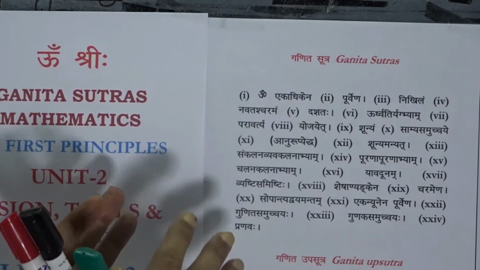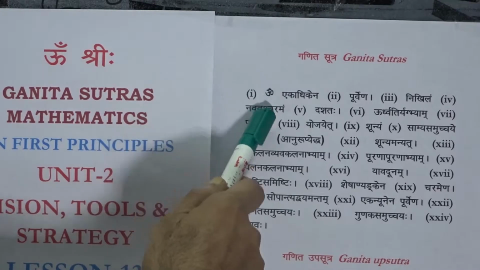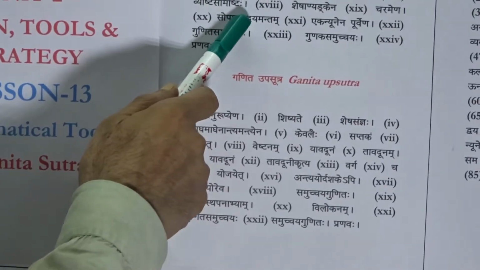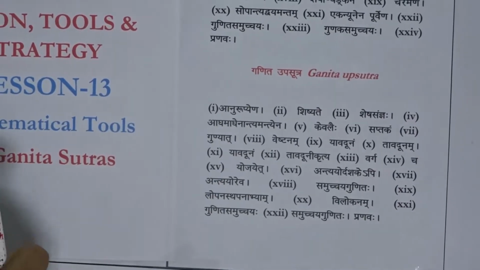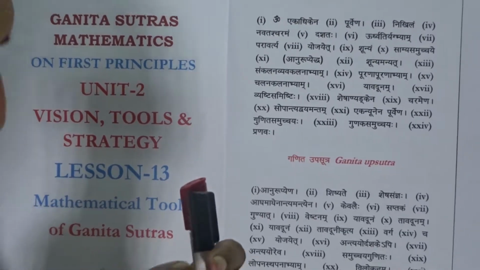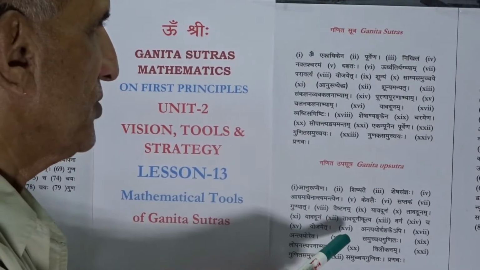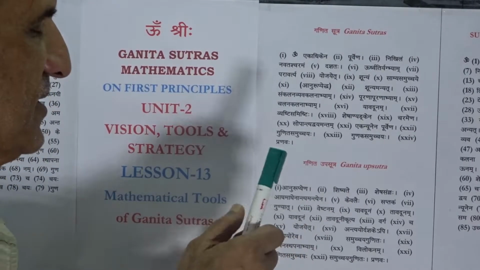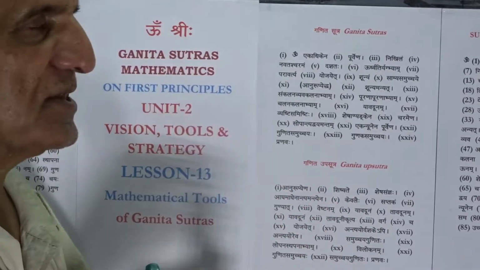In terms of these 36 letters of Devanagari alphabet, there is a composition of 46 formulations, 24 of Ganita Sutras and 22 of Ganita Sutras. Further, we have been exposed that these 46 formulations are themselves compositions of sub-formulations.